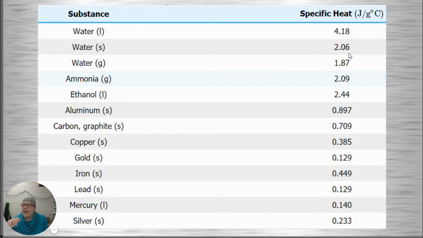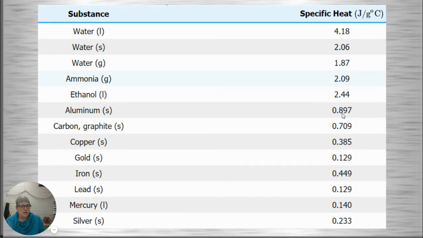It doesn't take as much energy to heat up ice and steam as it does to heat up liquid water. Liquid water has these amazing, weird properties that make it more special compared to everything else. If you look at some other values, for instance, liquid ethanol has a specific heat that's just over half the value for liquid water. There are just some unique properties that cause this.